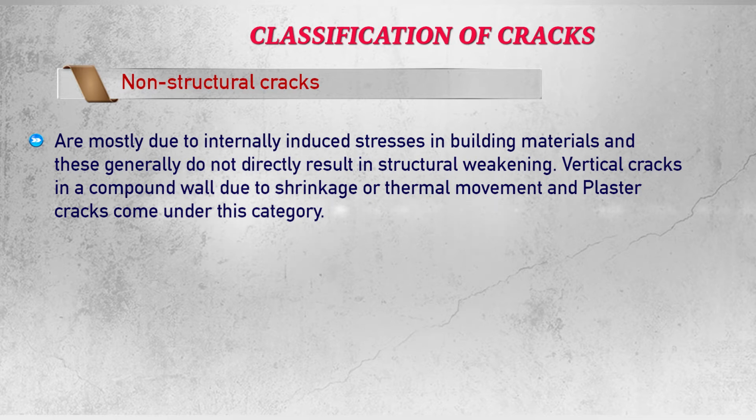Vertical cracks in a compound wall due to shrinkage or thermal movement and plaster cracks come under this category. So this is the difference between structural cracks and non-structural cracks. Though non-structural cracks do not endanger the safety of a building, they give a bad appearance or may create an impression of faulty work.